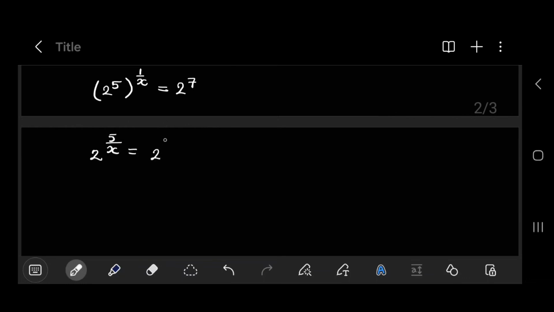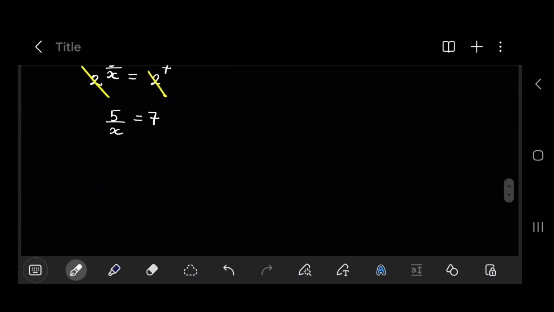On the right, we have 2 to the power 7. Now remember that when you have x as an exponent and you need to solve for it, your aim is to get the bases to be the same. Once the bases are the same, they cancel out with each other and we equate the exponents. So we have 5 over x is equal to 7, and through cross multiplying, we see that x is equal to 5 over 7.